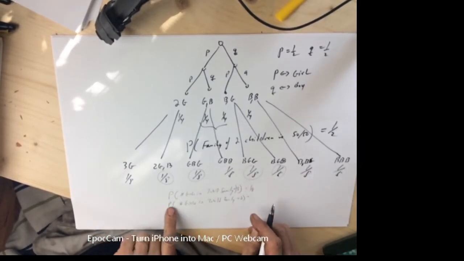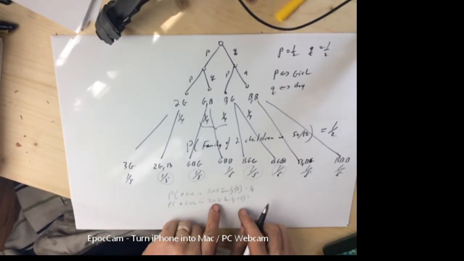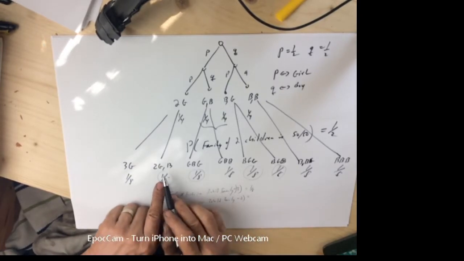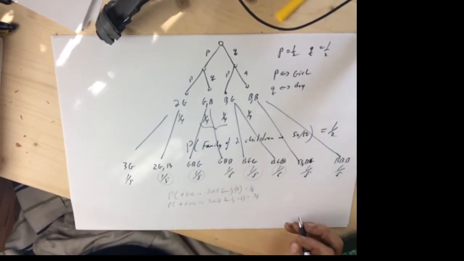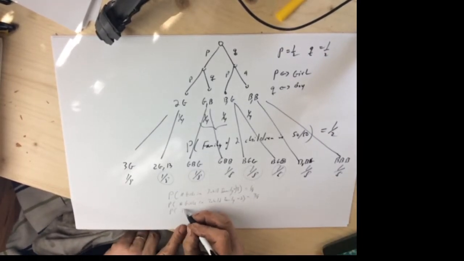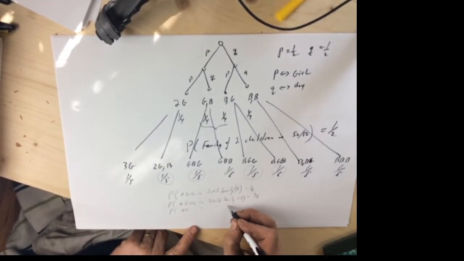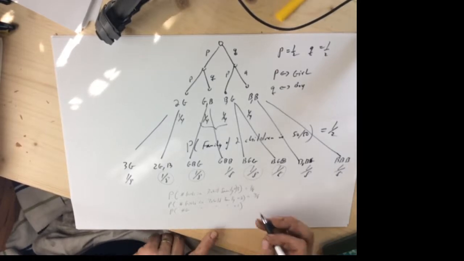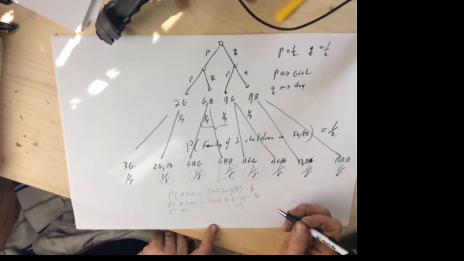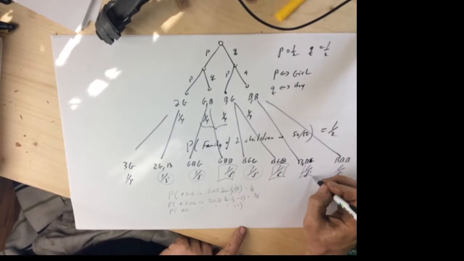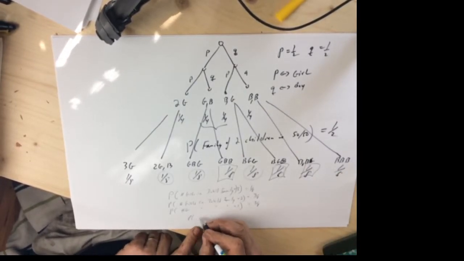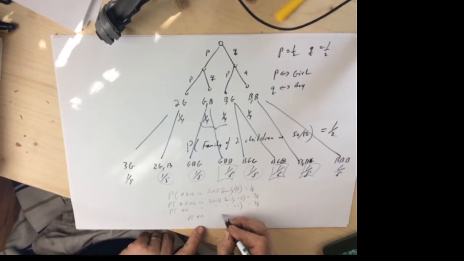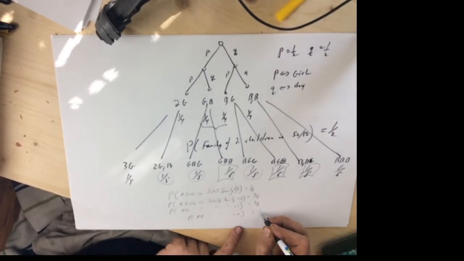All right, so the probability that the number of girls in a 3-child family is 2 is 1, 2, 3 eighths. Now the probability that the number of girls in a 3-child family equals 1, well, that's 1 there, 1 there, 1 there, and that's 3/8. And then the probability of the number of girls equals 0 is 1/8.